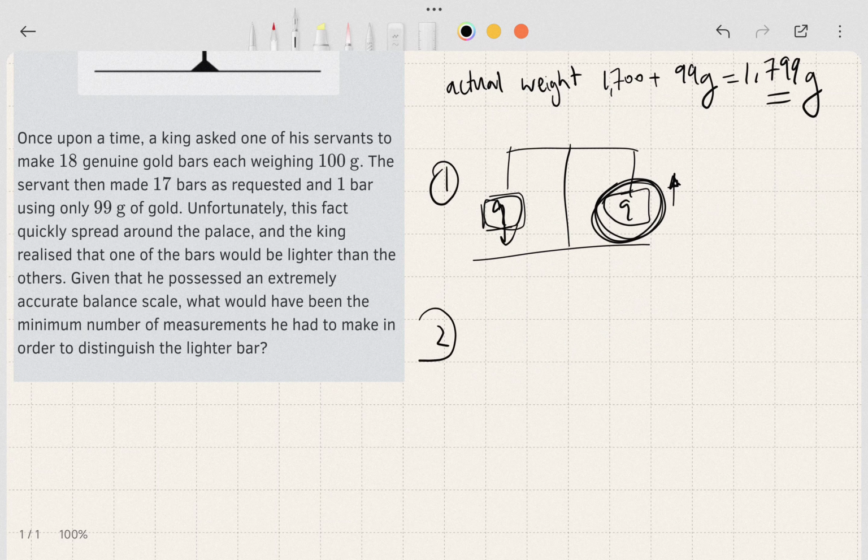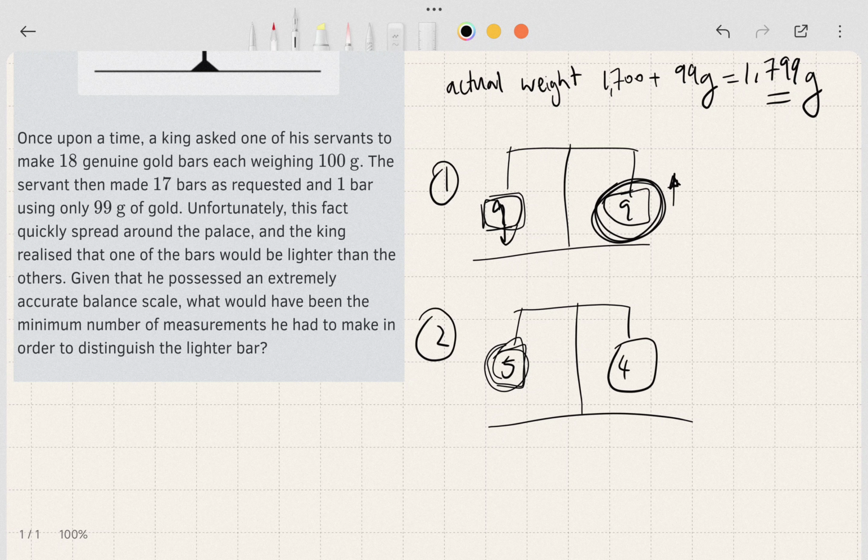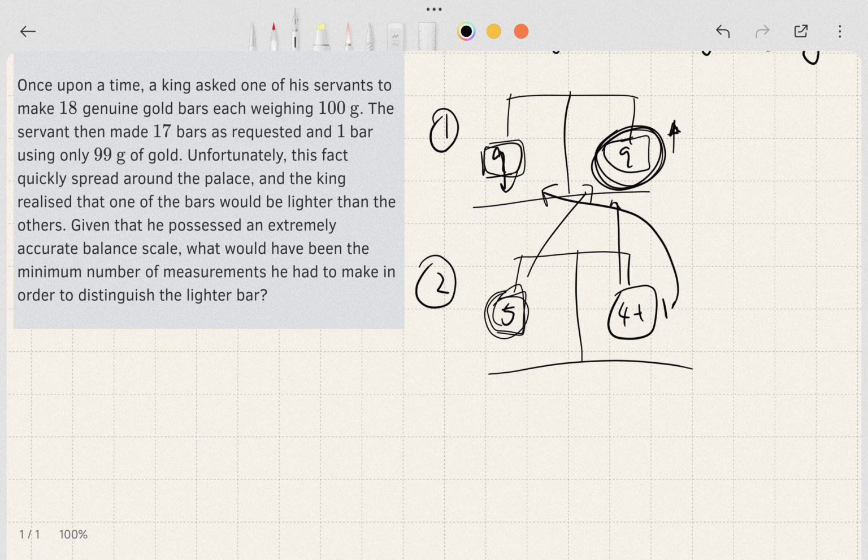The second test would be to put 5 of the gold bars on one side, and on the other side 4 of the gold bars from the same group plus 1 gold bar from the other group, because we know that one will always be 100 grams.